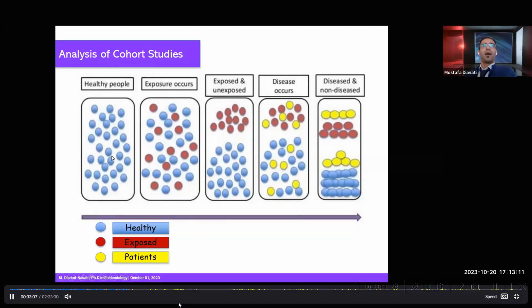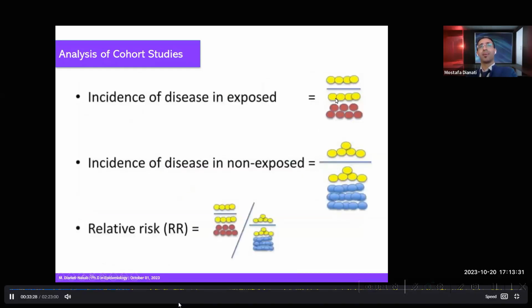So remember, healthy individuals, those who are exposed, the red one, and the yellow one are sick people. So here we look at sick people among exposed and sick people among non-exposed individuals. Incidence of disease in exposed is those who get sick among all the population who had exposure.